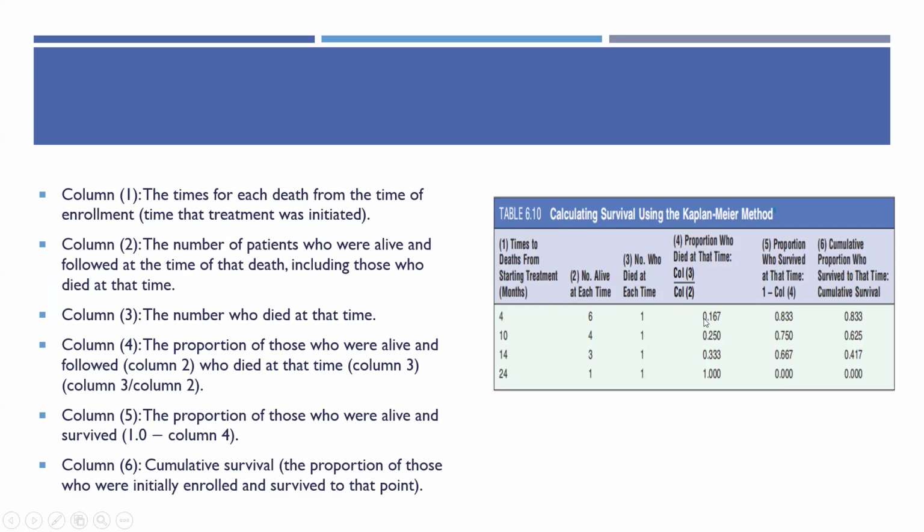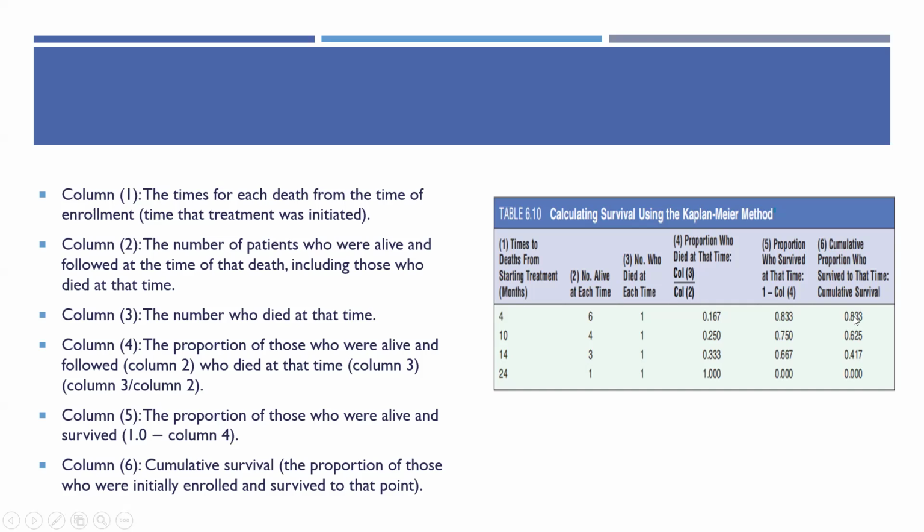Column number 4 shows the proportion of those who were alive and followed who died at that time, so we divide column number 3 by column number 2. Column number 5 is the proportion of those who were alive and survived, so we subtract column number 4 from 1.